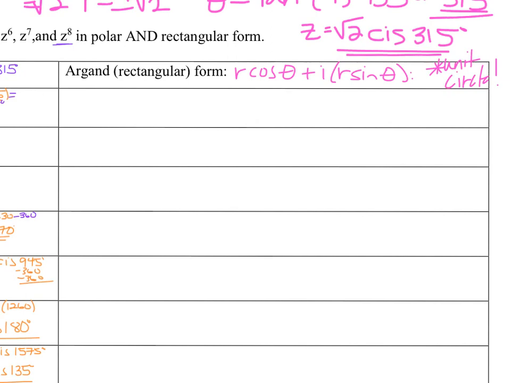We're taking r times cosine theta, which is going to be square root 2 over 2 times cosine 45, plus i times square root 2 over 2 sine 45. What's interesting about this is when we look at 45 degrees, cosine and sine are both exactly square root 2 over 2. Therefore, we're multiplying square root 2 over 2 times itself.